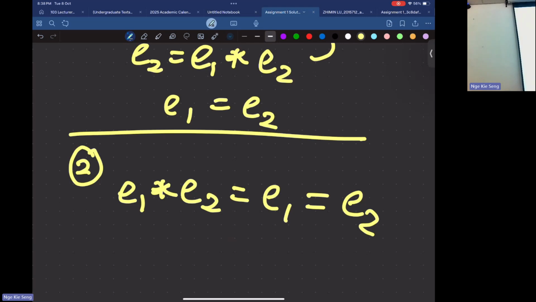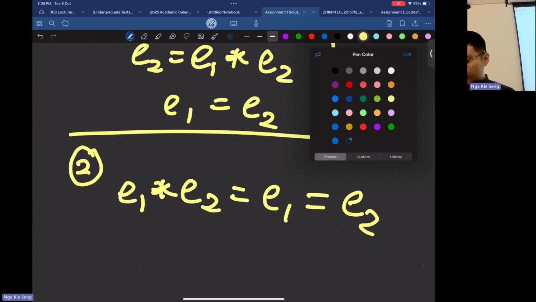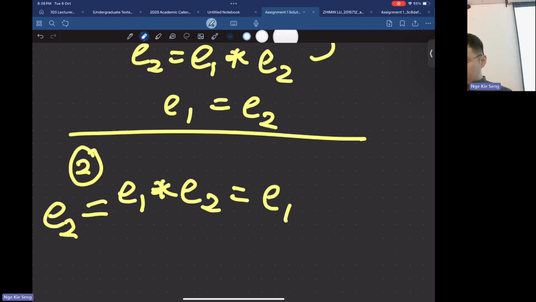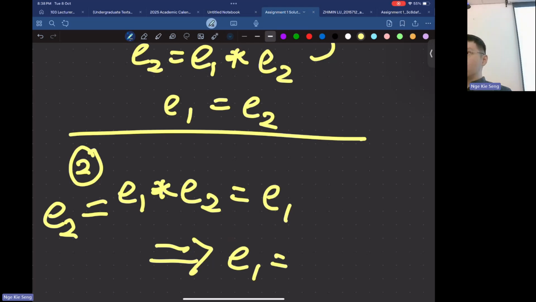I know that E1 star E2 is E1, and I also know that E1 equals E2. But you are trying to prove E1 equals E2. You haven't proven it yet. What you are using is, I also know that E1 star E2 is also E2. Only then do you imply that E1 equals E2.